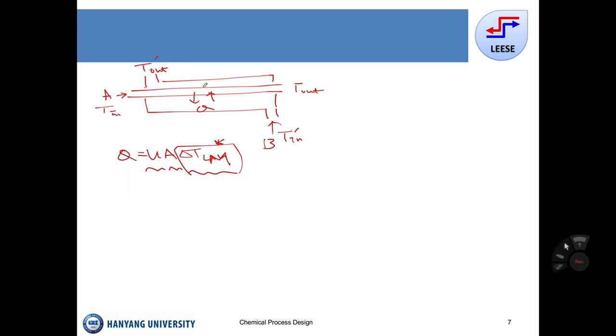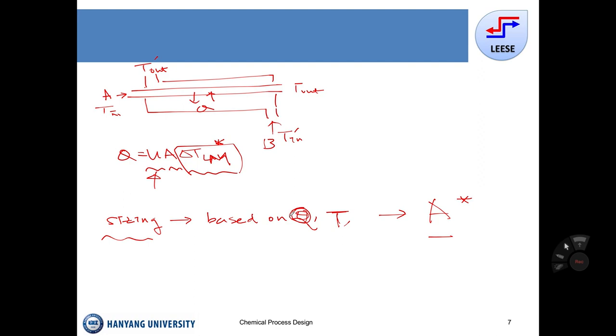Then based on the physical properties, we can assume the overall heat transfer coefficient. Sizing means, based on Q and temperature, we can estimate A, okay? Based on the amount of Q to be treated by this process, and based on the temperature given, we want to estimate A, that is sizing. We want to check the size of the unit, okay?